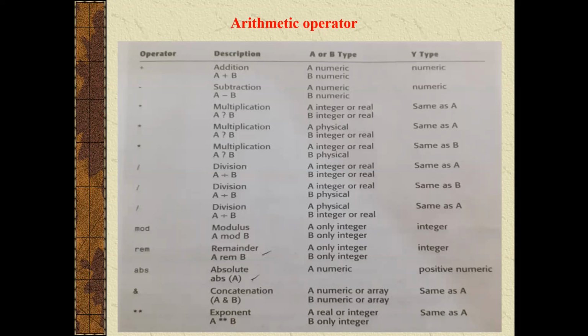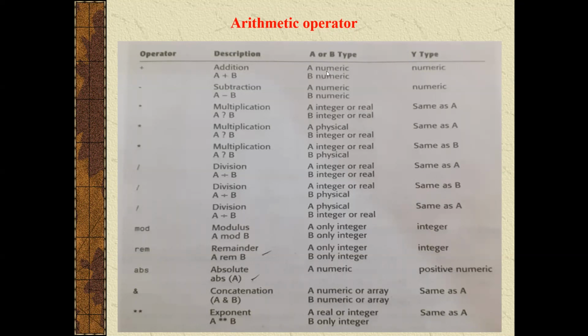Some of the arithmetic operators are mentioned in the slide. To perform an arithmetic operation on two different objects A and B, the plus sign will be used.